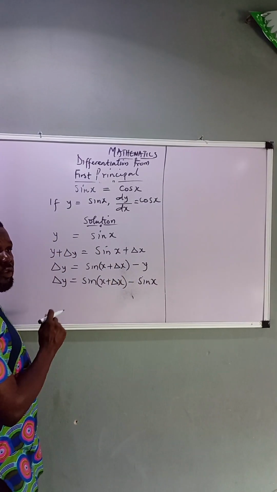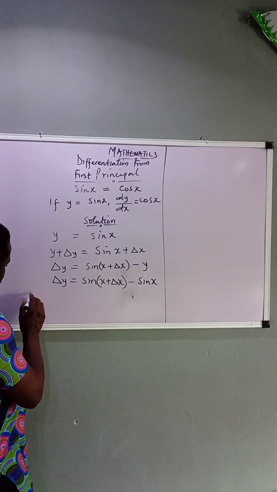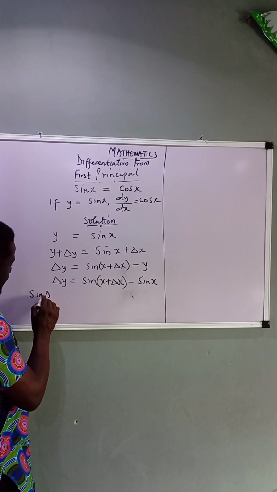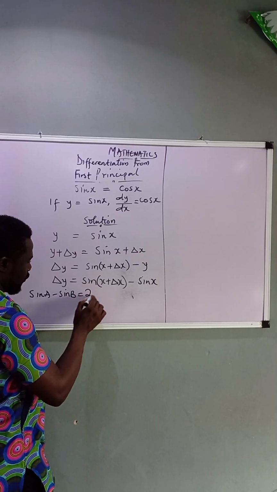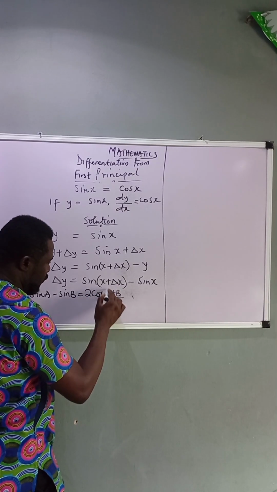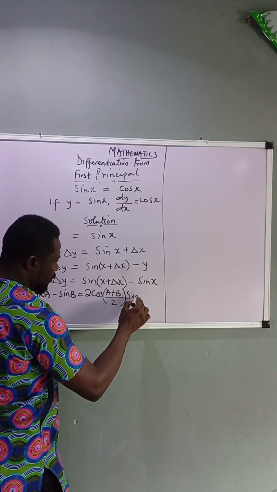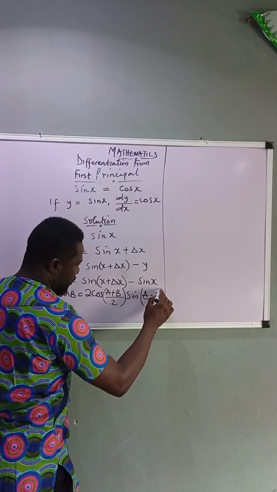Okay, at this point we are going to use a trigonometrical identity where we have sine A minus sine B to be equal to 2 cos A plus B over 2 sine A minus B divided by 2.